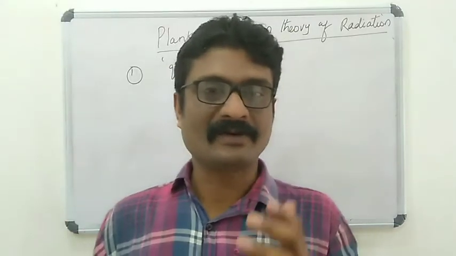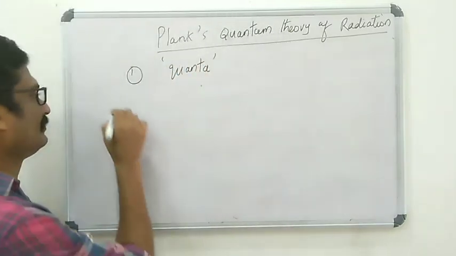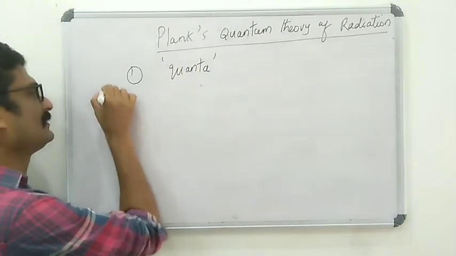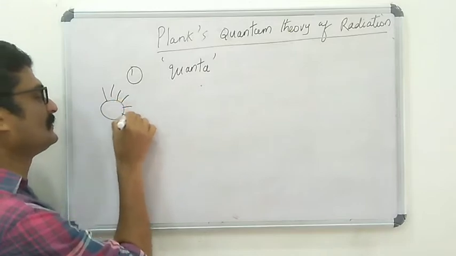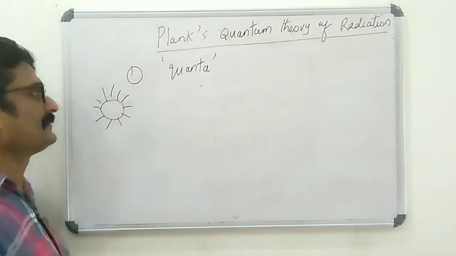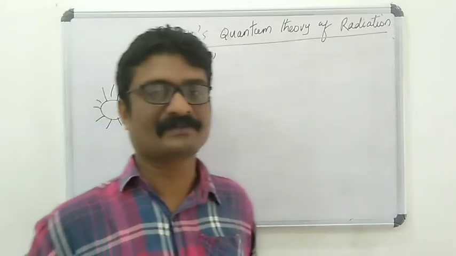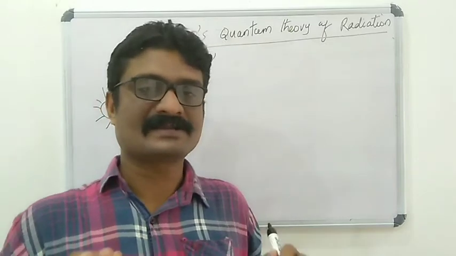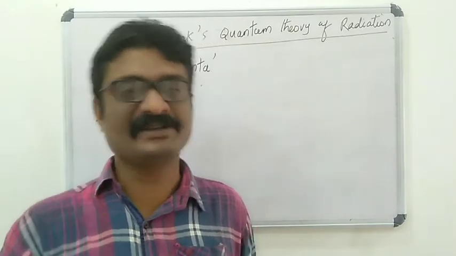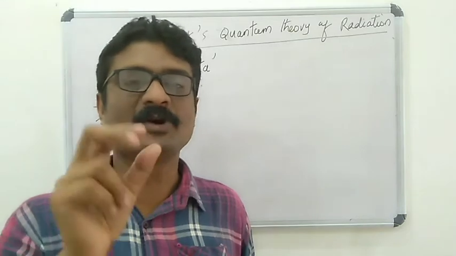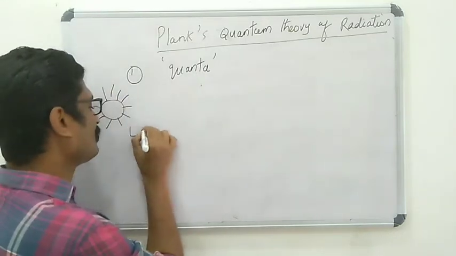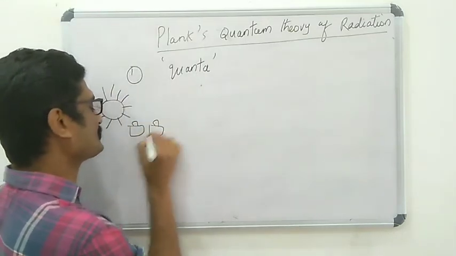For example, we know sun is the main source of radiant energy. Sun emits this radiant energy in the form of small energy packets.